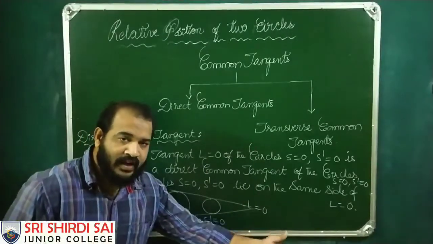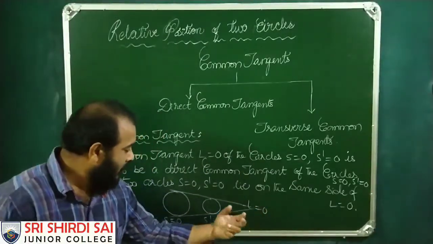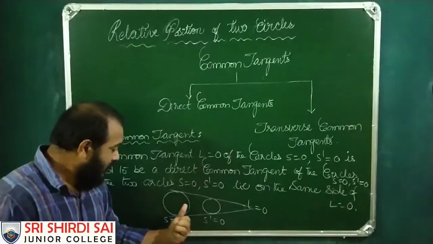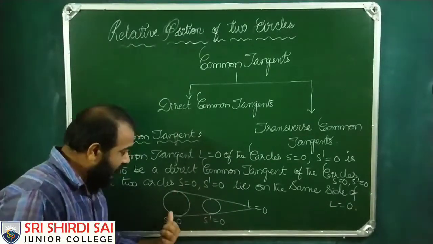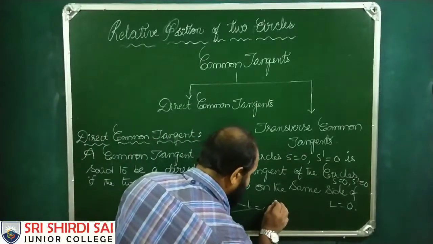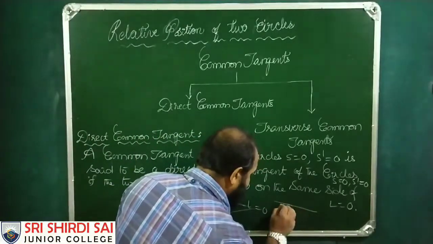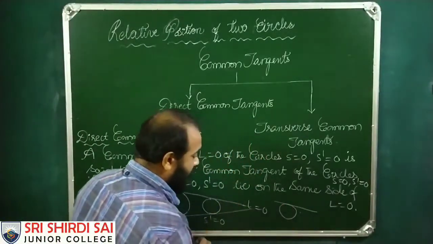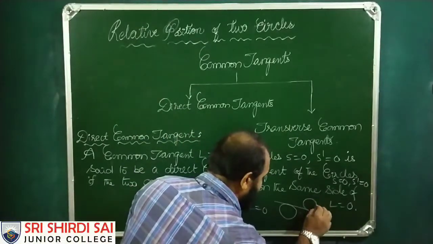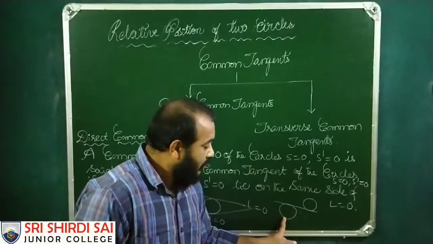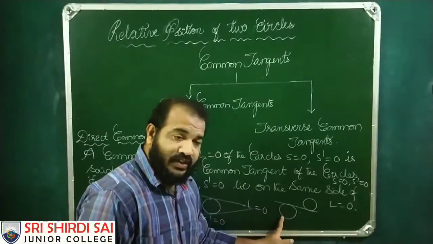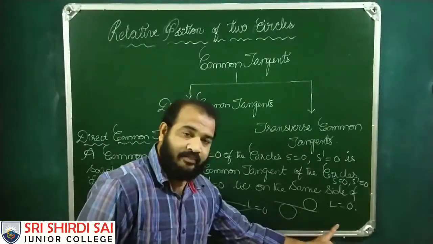I am mentioning the same side of the line. For this line, for example, one circle lies on one side and another circle lies like this, so these two circles lie on the opposite side of the line.